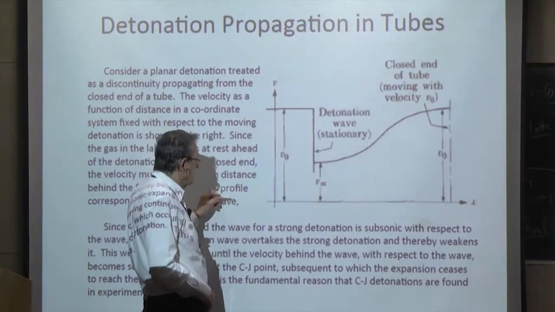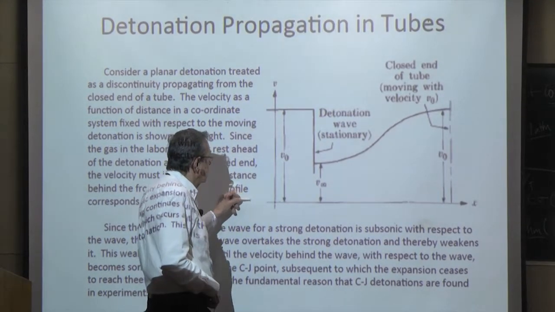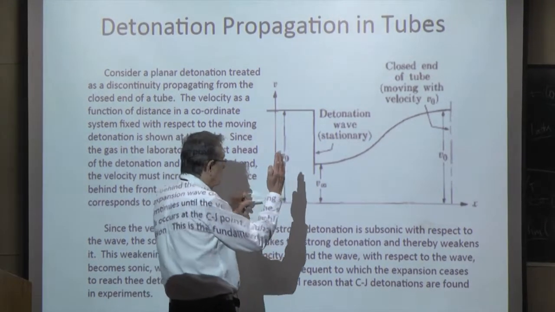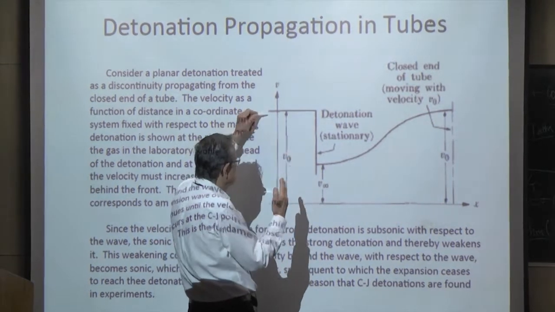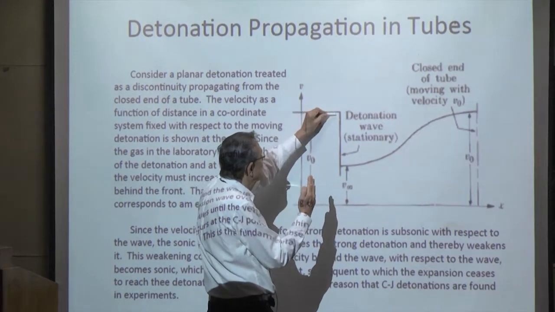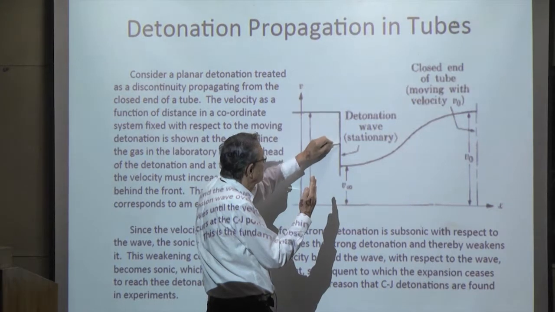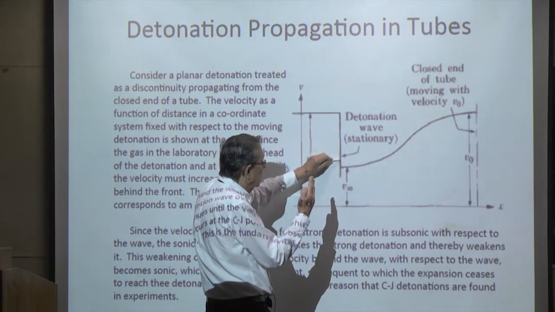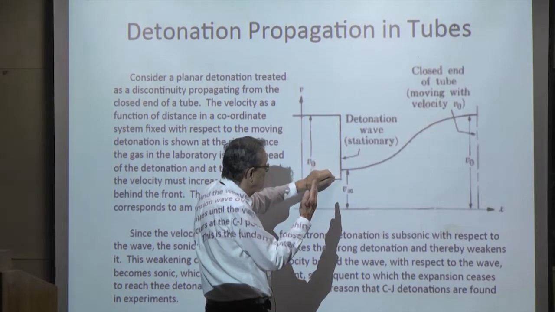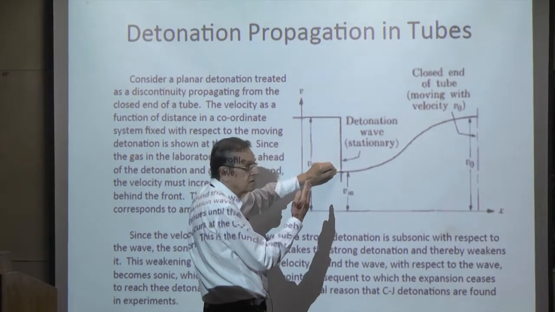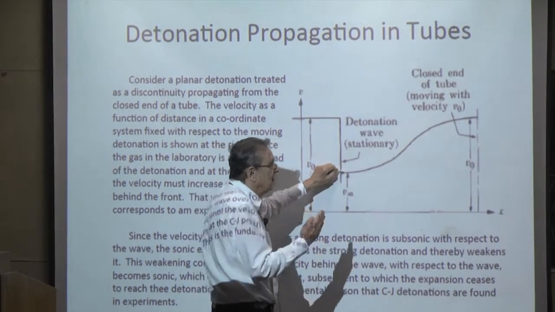And so in the detonation frame of reference, the gas is moving in at this detonation velocity v0. Then the detonation occurs, the velocity decreases we saw, and then increases a little bit through the detonation. Now this is the end of the detonation.